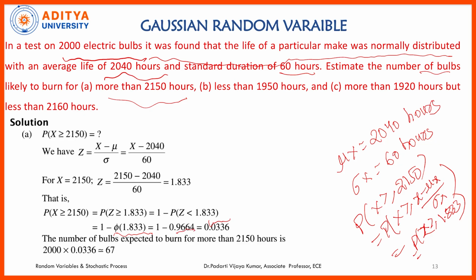The value is 0.9664, and 1 minus this gives 0.0336. That means the number of bulbs out of 2000 expected to burn more than 2150 hours is 67. So, only 67 bulbs are expected to burn after 2150 hours of usage.